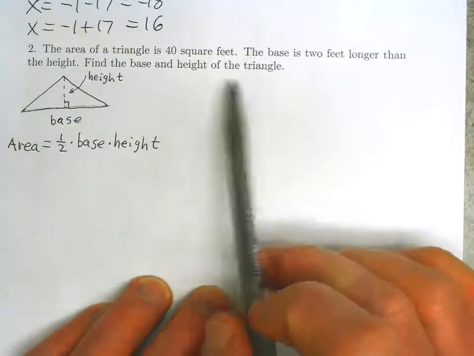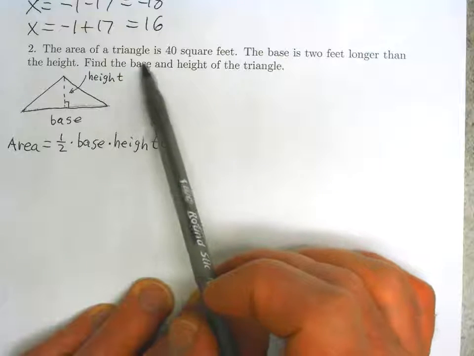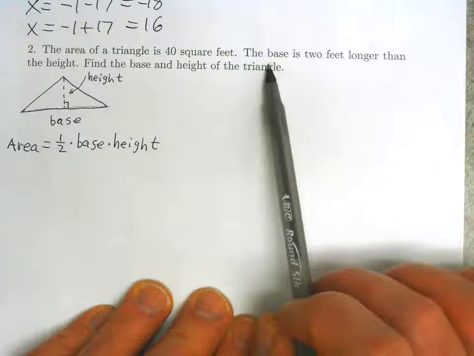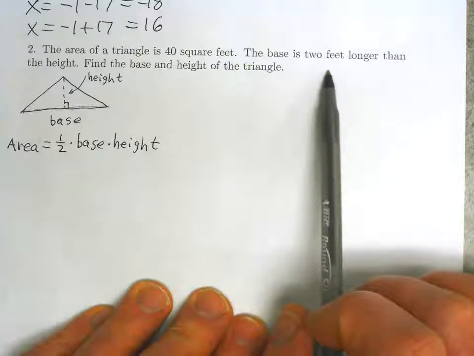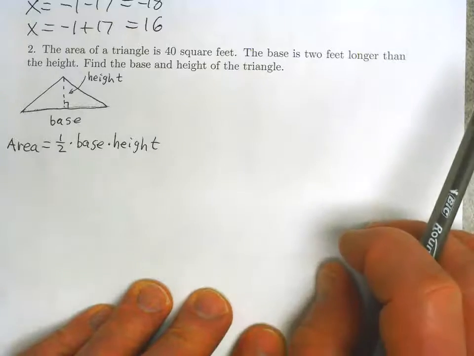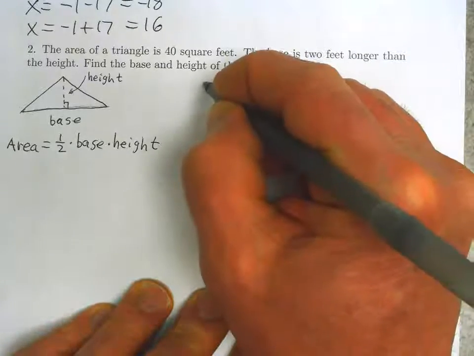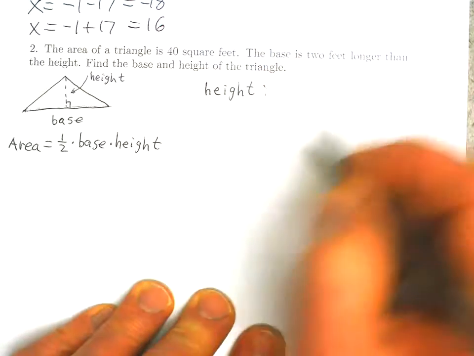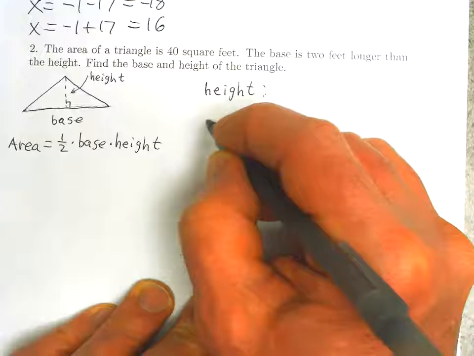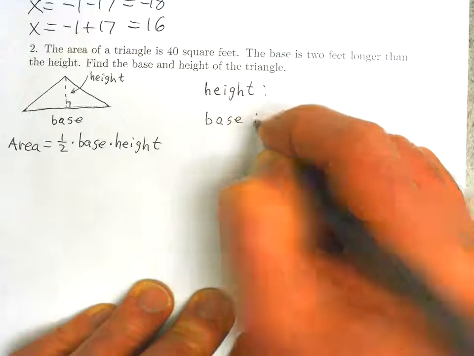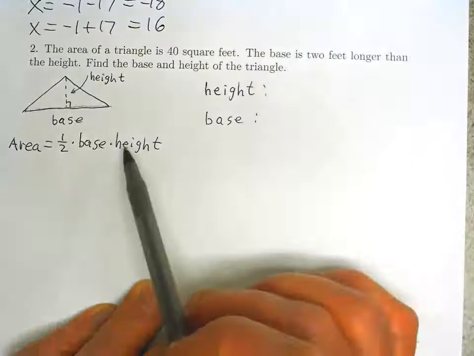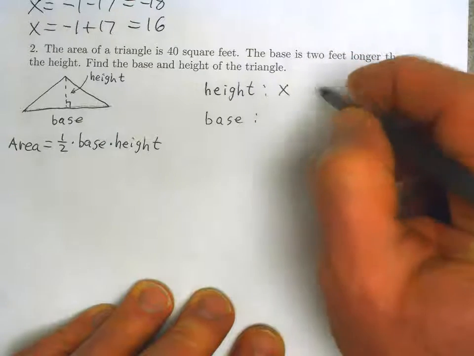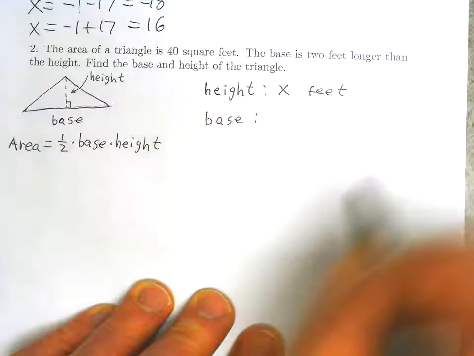Okay, so we're told about a particular triangle that has an area of 40 square feet. And we're told that the base is 2 feet longer than the height. There's more than one way to make a variable assignment for both the height and the base, but I'm going to pick x, measured in feet, to be the height.